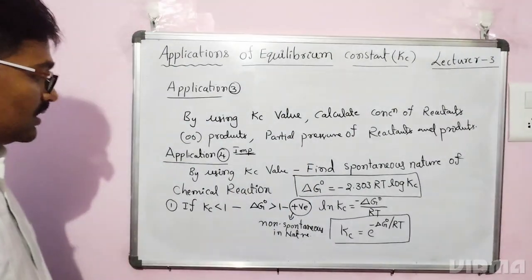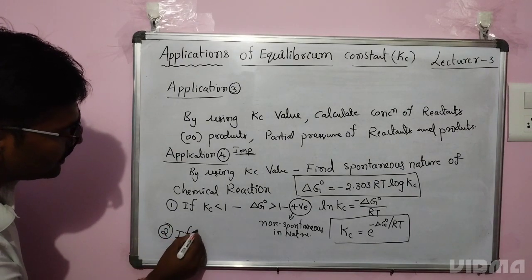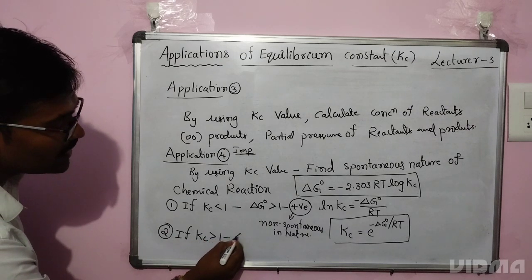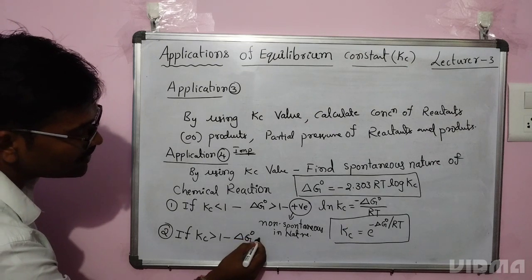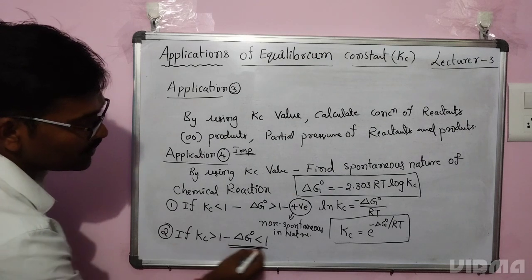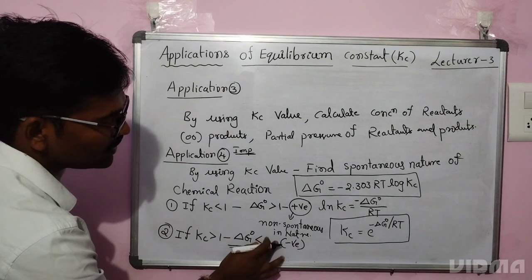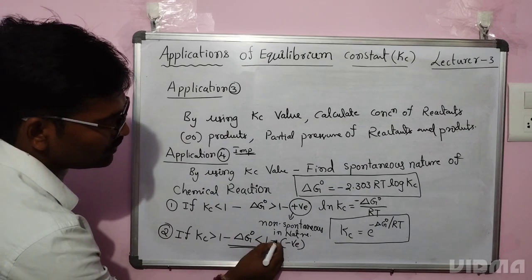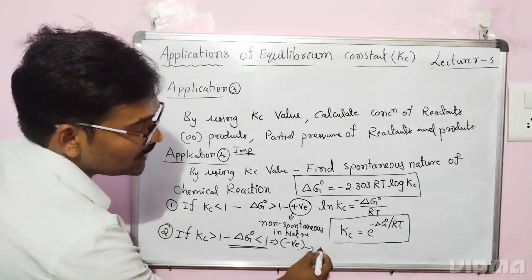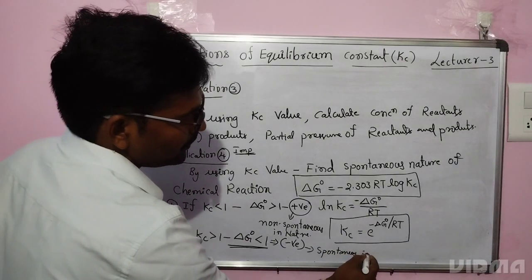Understand? Second, if the Kc value is greater than 1, then the delta G naught value is negative. Once you get a negative value, that is spontaneous in nature.